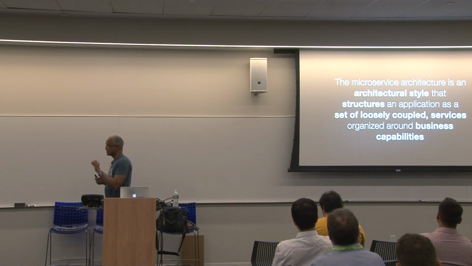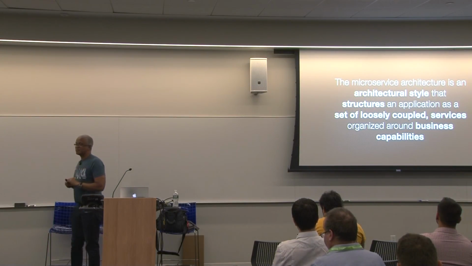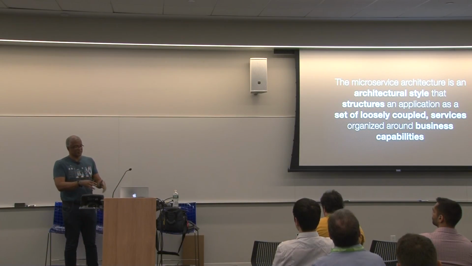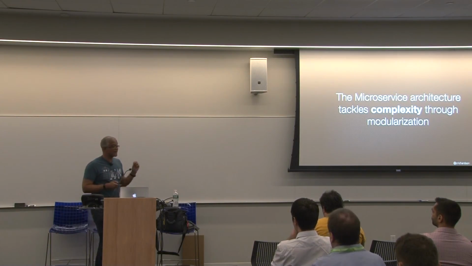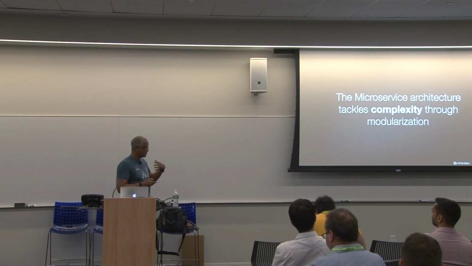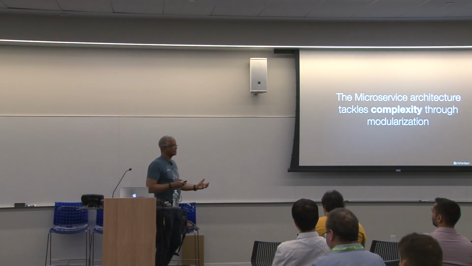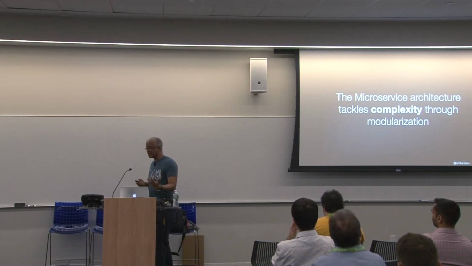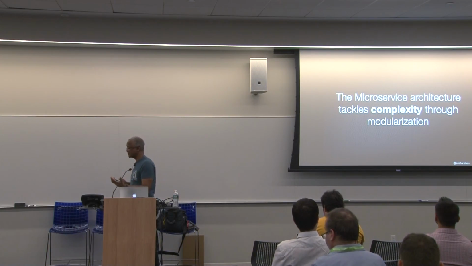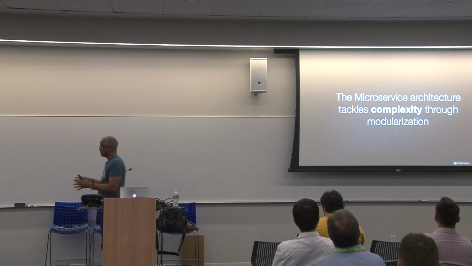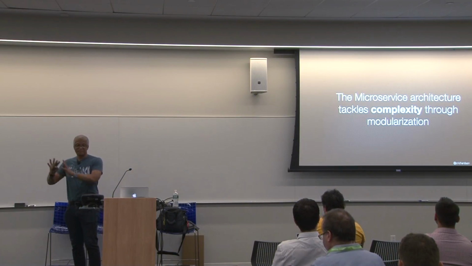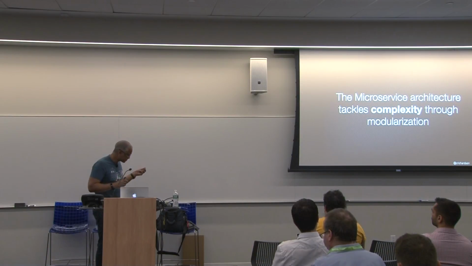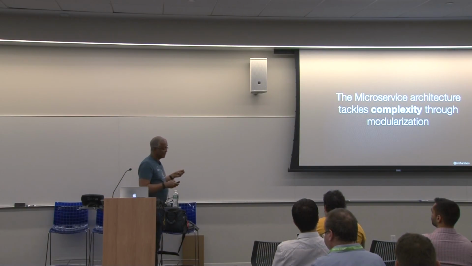Those services are organized around business capabilities, so each service implements a business function. It's all about tackling complexity through modularization. It's just that in this case, our modules are not packages, but services with an impermeable boundary, some form of remoting API, whether that's RPC or messaging.